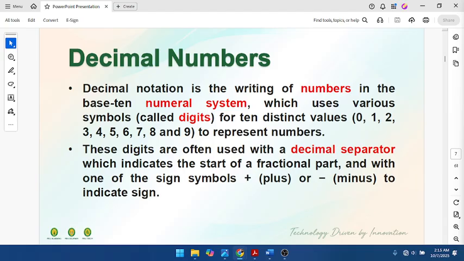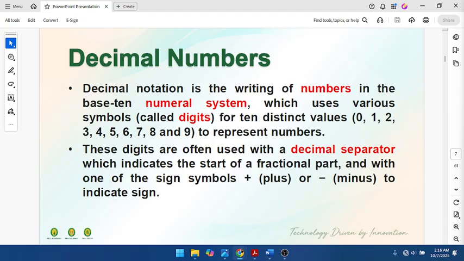So the second point here, these digits are often used with a decimal separator, which we commonly know as a decimal point. This symbol is crucial, as it indicates the boundary between our whole number part and the fractional part.